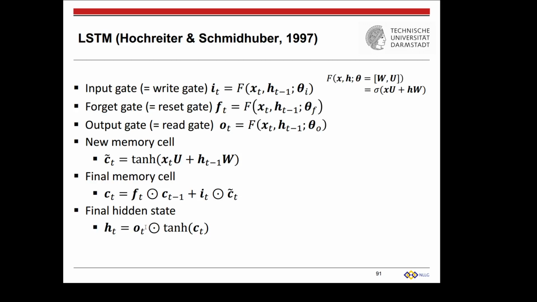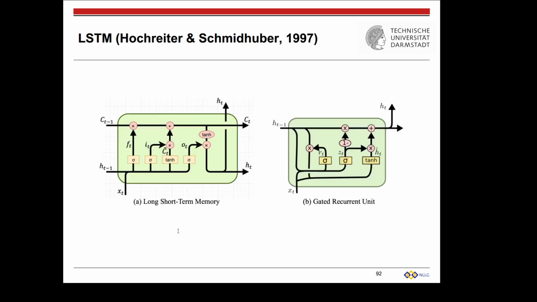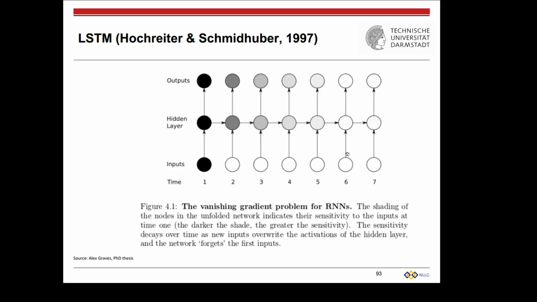So what is actually o_t? It is the output gate, which can be 0, 1, and is then multiplied by the memory cell content. So it's more complex, but it's basically doing the same stuff. And from this graphical illustration, you can see that the LSTM is more complex than the GRU.